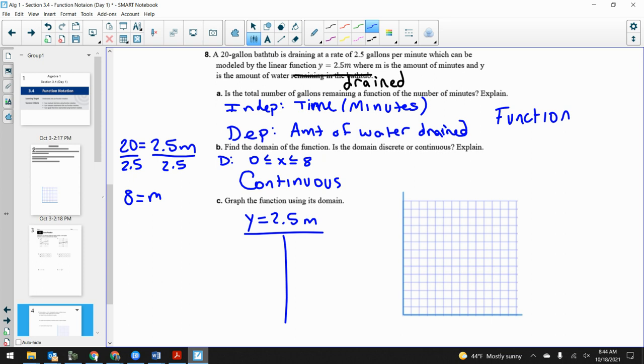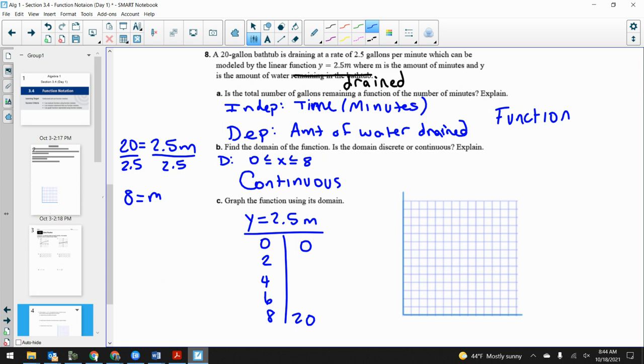Easiest number to plug in would be 0. 0 minutes, 0 gallons drained out. Well, let's go by 2's then. 2, 4, 6, 8. Because I know I have to stop at 8. Can I do 9? No. Can I do 10? No. I'm stopping at 8. Because 8, if I plug in 2.5 times 8, I get 20 gallons. The full amount of the tub has been drained.